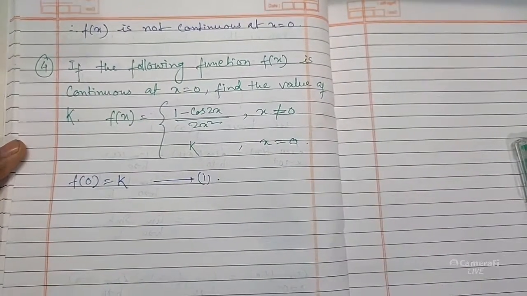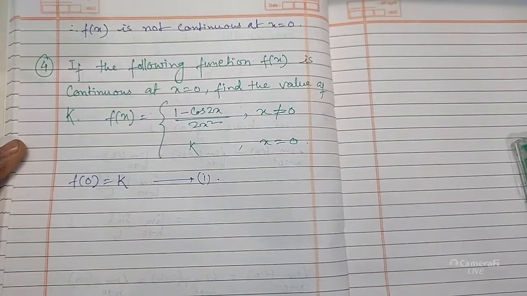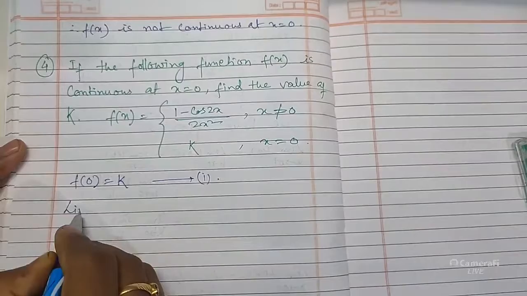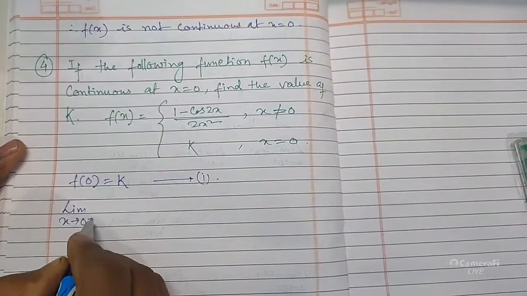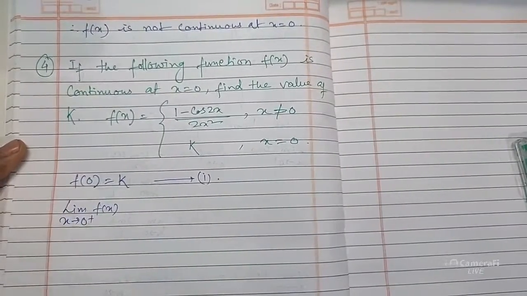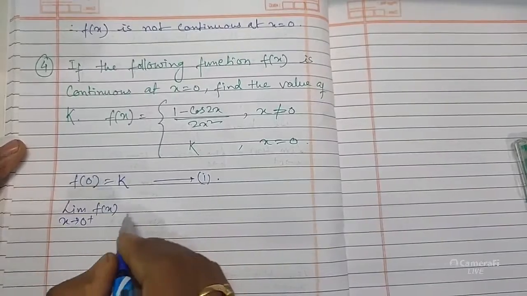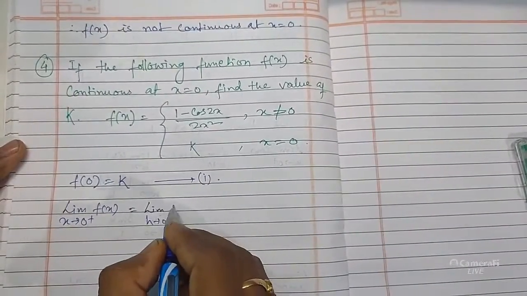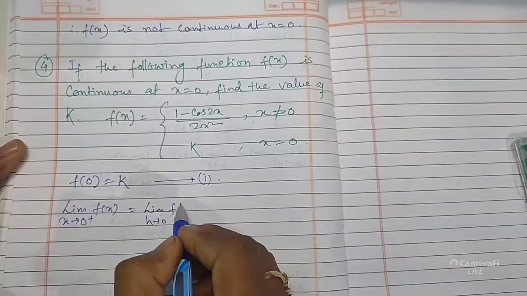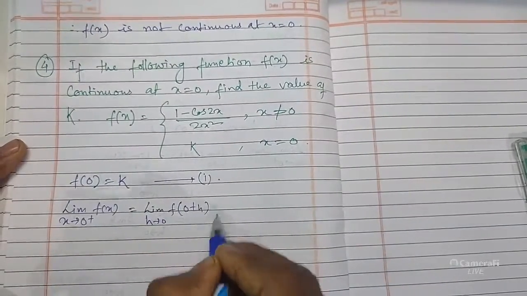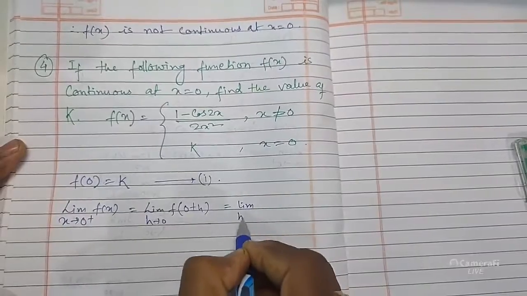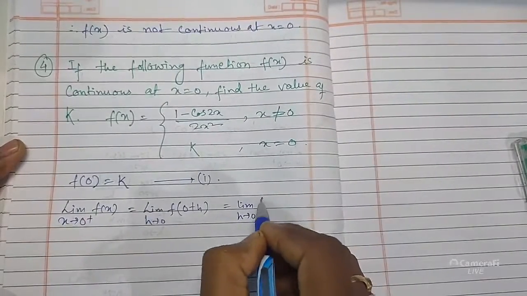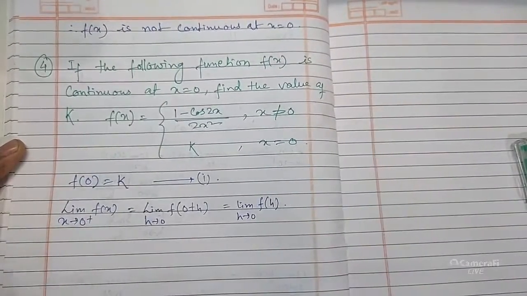Next, what we have to find? We have to find the right hand limit and left hand limit. So limit x tends to 0 plus f(x) equals limit h tends to 0 of f of 0 plus h, that is limit h tends to 0 f(h).